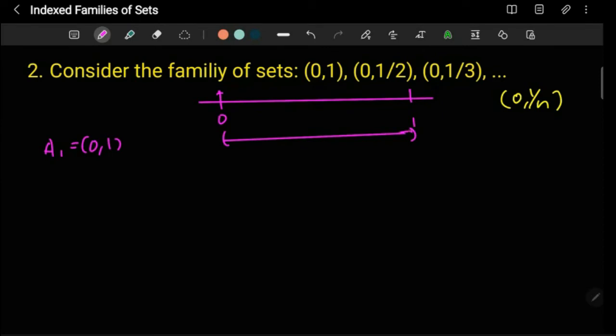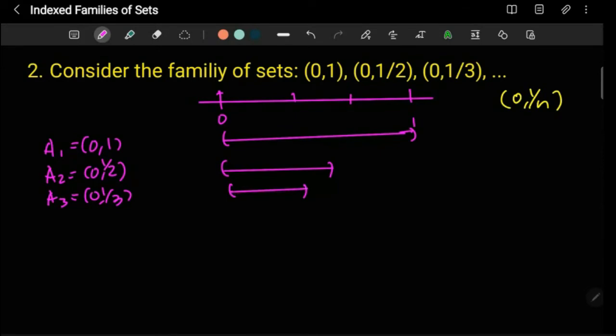So, I'm using parentheses to denote it's not including endpoints. A2, on the other hand, is (0, 1 half). So from 0, you get 1 half, so up to this point. A3, just to get a general feel of what's happening in our set. So you get 1/3, more or less.